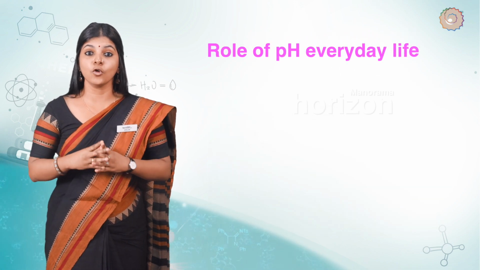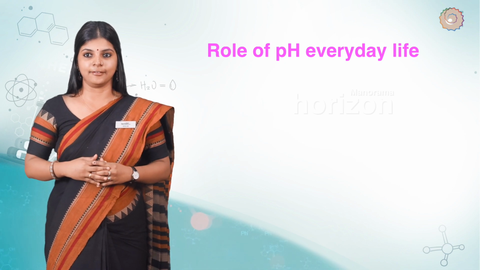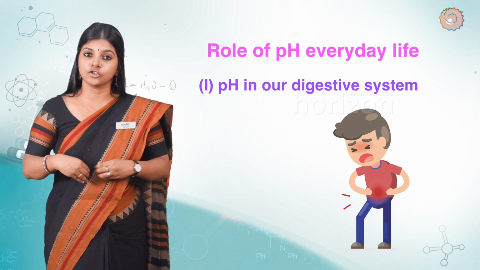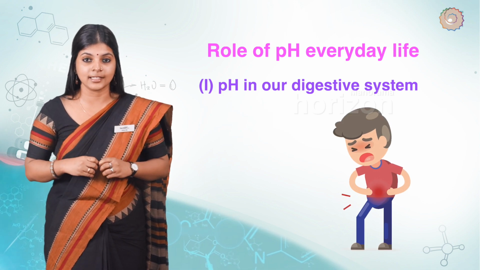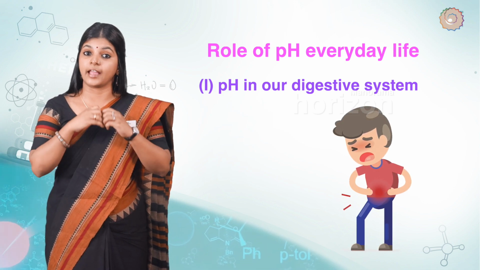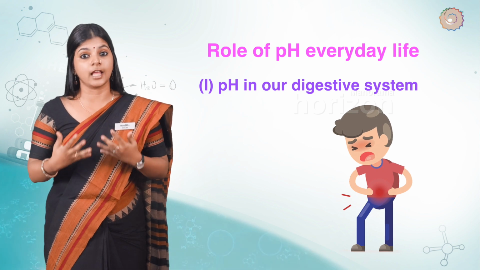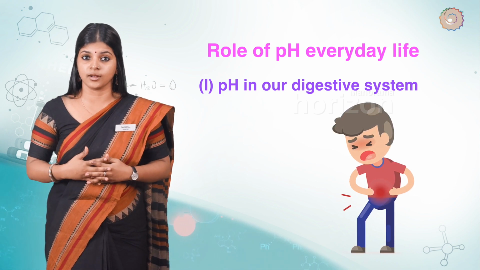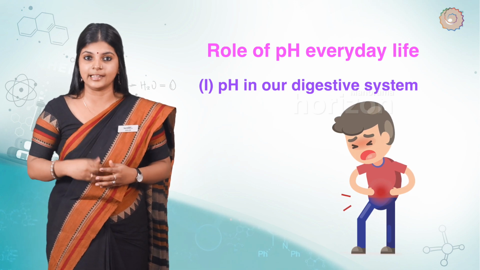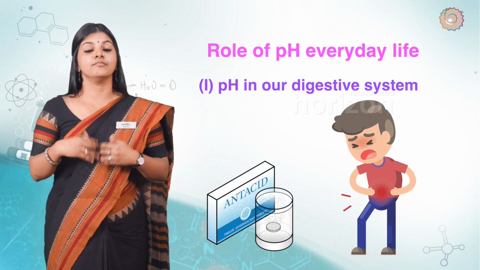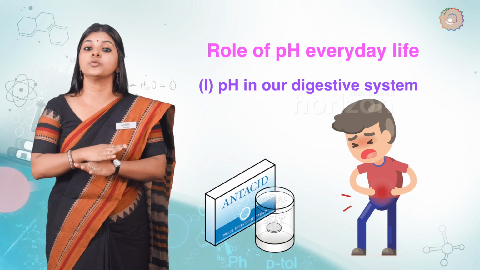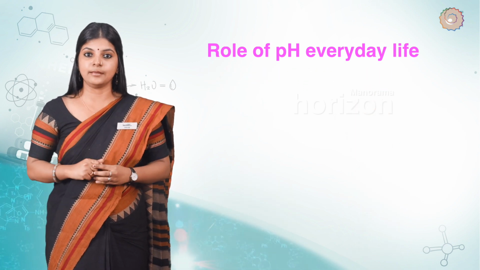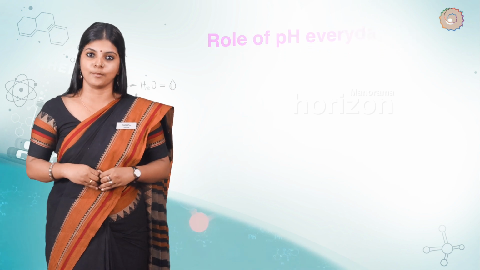Now let's see the role of pH in our everyday life. The best example for that is the digestive system. Did you know that our stomach lining consists of hydrochloric acid? Yes, it does consist of HCl, which helps in the digestion of food. But what happens if there is an excess of acid in the stomach? It will cause acidity or indigestion, and then we will have medicines like antacids which will neutralize the acid and relieve us from pain. So it is definitely important to maintain the pH of our body.